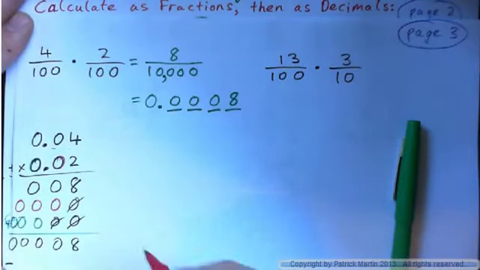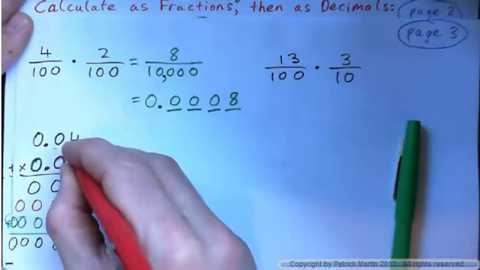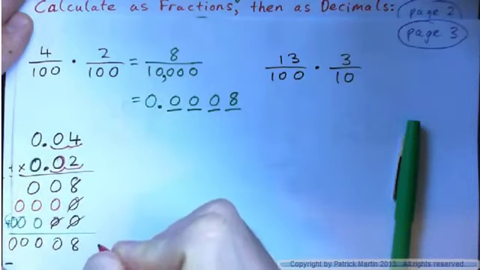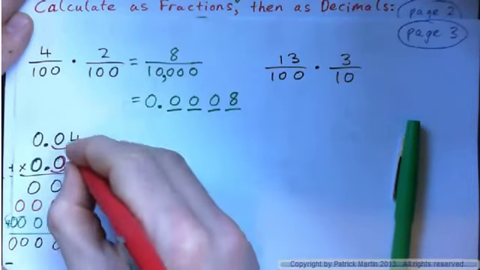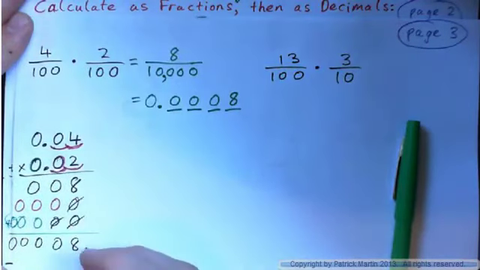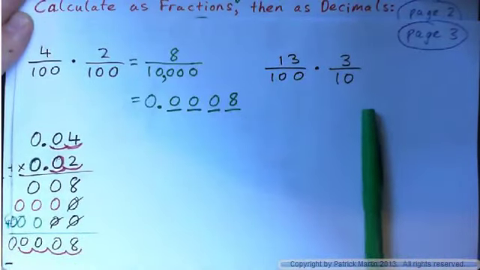And then where am I going to put the decimal point? Well, let's see. There's 1, 2, 3, 4 decimal places in the problem. See that? So there's going to be 4 in the answer. 1, 2, 3, 4. The decimal point goes here. So the answer is 0.